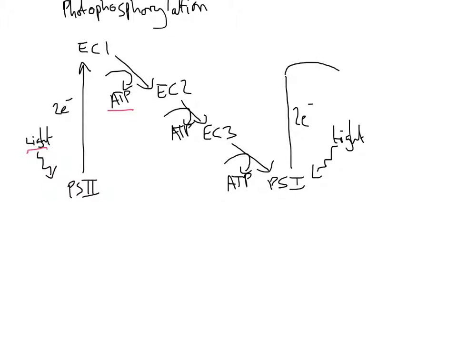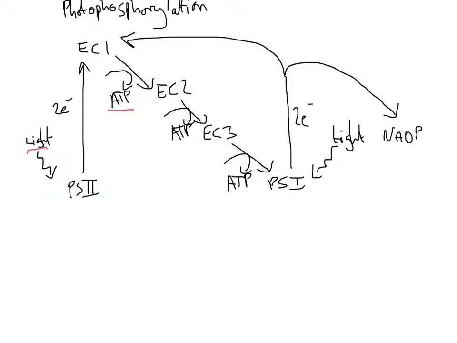Either the electrons can combine with NADP, which for the moment we're just going to leave as it is there, so it can form this reaction and go to form NADPH, or it can scoot back to electron carrier 1. For the purposes of this, it really could be either. It doesn't really matter which.